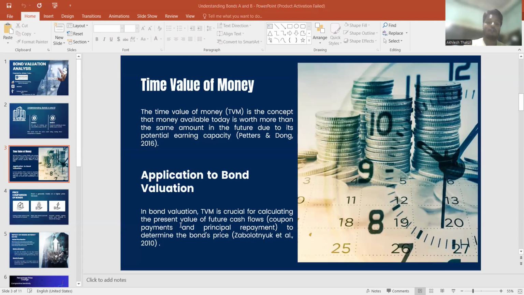We calculate the present value of all the coupon payments and the final repayment to find out how much the bond is worth today. So in simpler terms, if you receive money in the future, it's not as valuable as having that money now because you can invest it or earn interest on it.